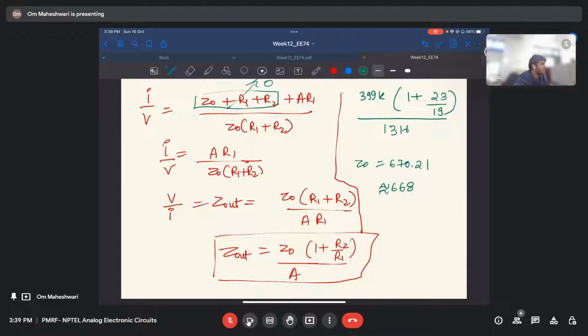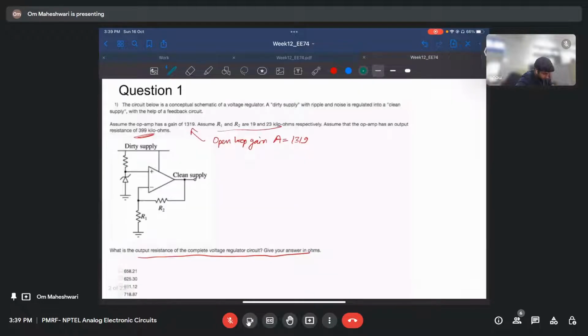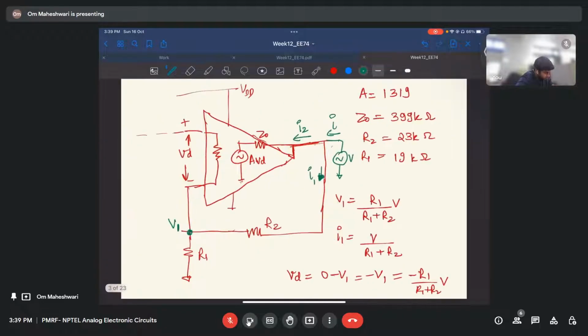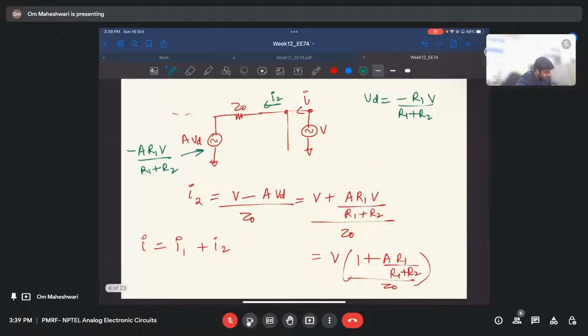Same thing. So this should be the answer. A gain was 1319, sir. You have written 1316. That's why. Where have I written 1316?